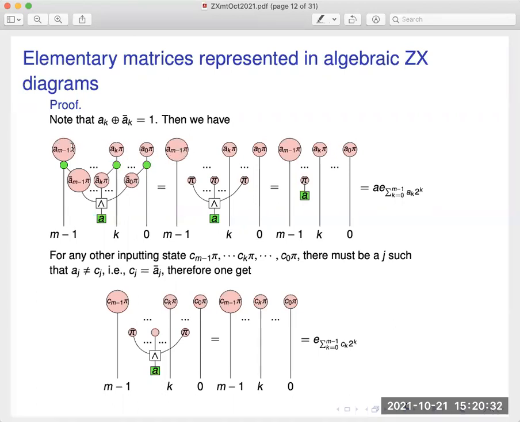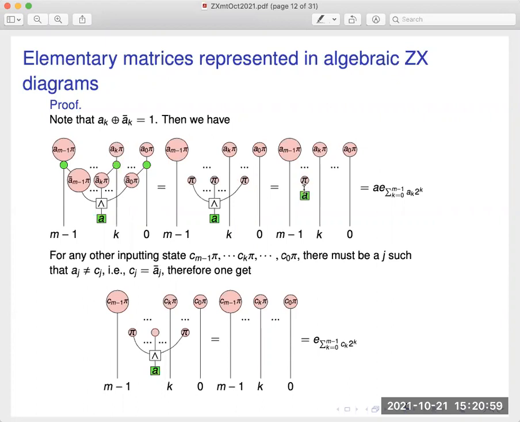So you just plug in and do the copy, right? No matter whether it's 0 or pi, it can be copied by the green node. After the copy, you get all the pi here operating on the AND gate. Then you will get this scalar. This scalar is just A.